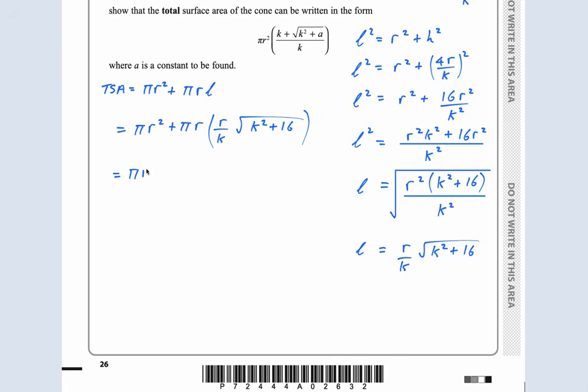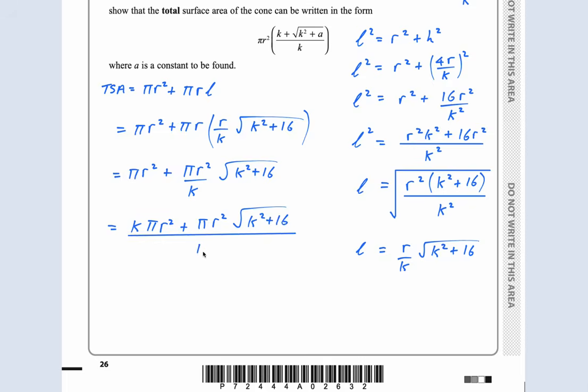It's pi r squared plus pi r squared over k, just multiply this out, times the square root of k squared plus 16. Common denominator of k, so this is going to be k pi r squared. I have to multiply this by k if I'm going to have a common denominator, plus pi r squared times the square root of k squared plus 16 all over k.